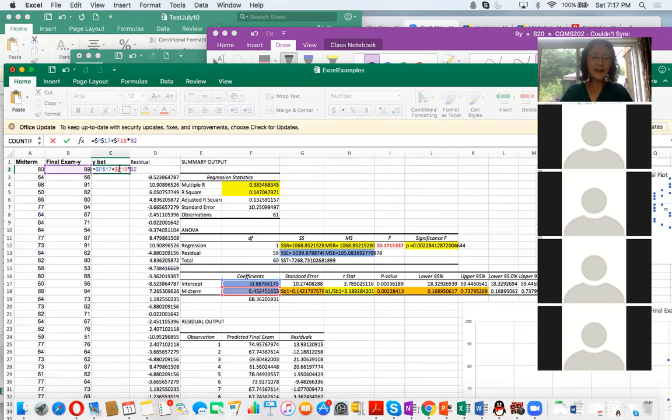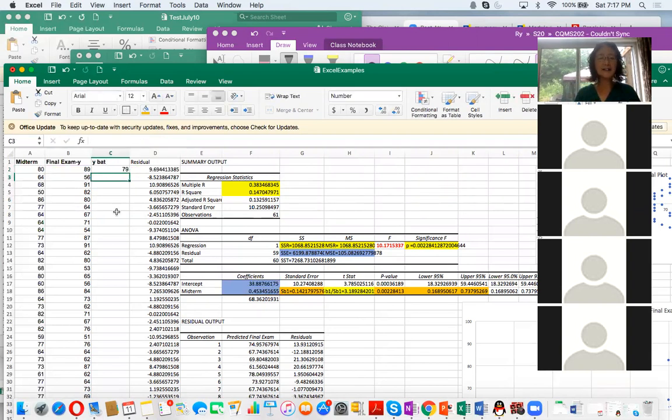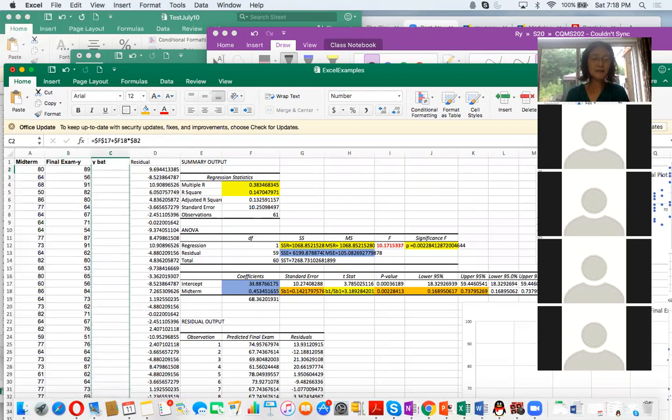Put the dollar sign, okay? So this is Y hat. Did you see the difference? What is Y? Y is the original data. Y hat, the predicted Y. So what is the predicted Y for the next student? Copy down the formula.